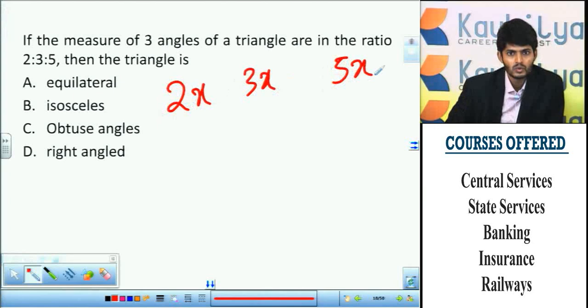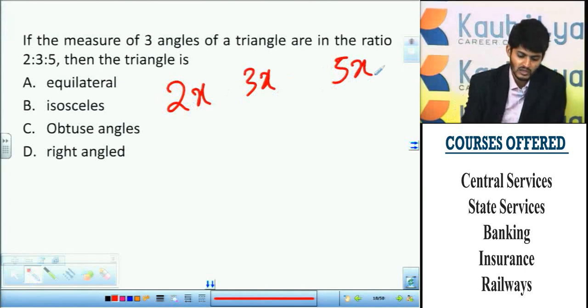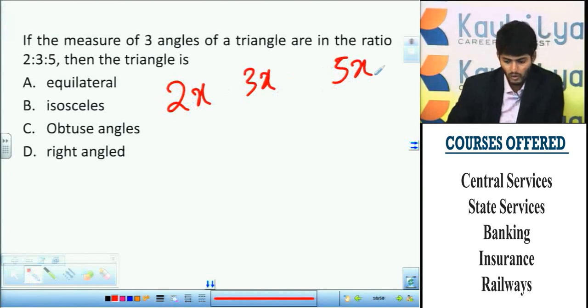Then he is asking, if the three angles of a triangle are in the ratio 2:3:5, then the triangle is. You can see all four options. One is equilateral, when all three sides are equal. Since angles are given, I will not be able to comment unless I know all three angles are equal. And since you have 2:3:5, equilateral is not possible because all three angles should be equal.